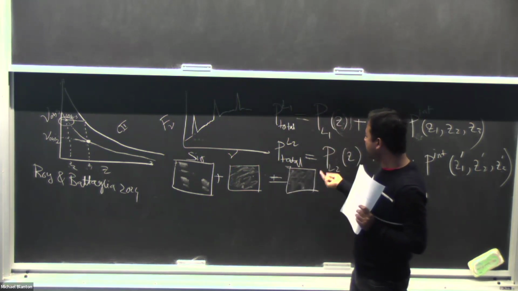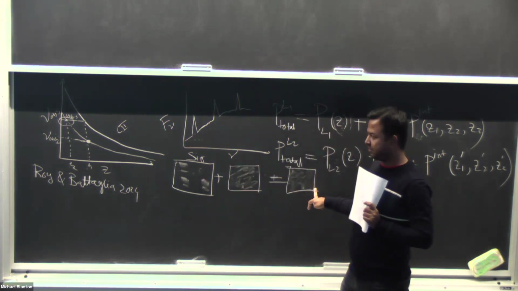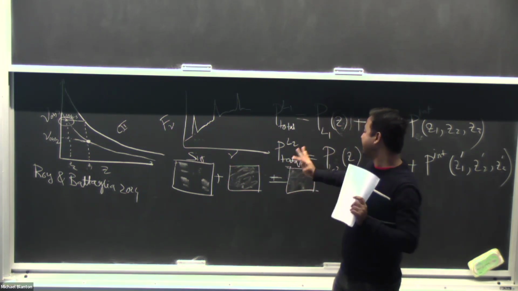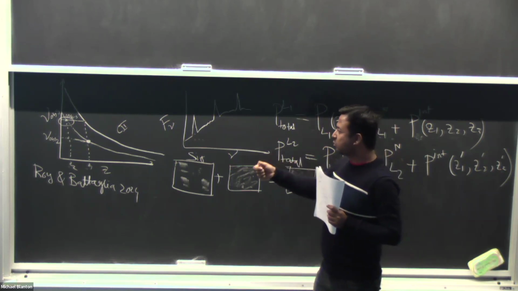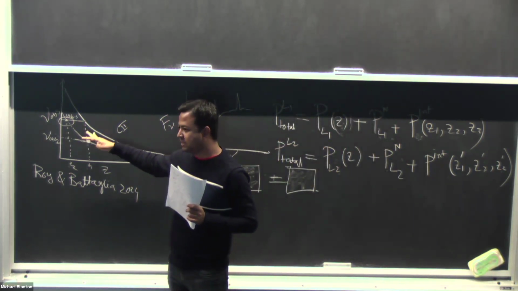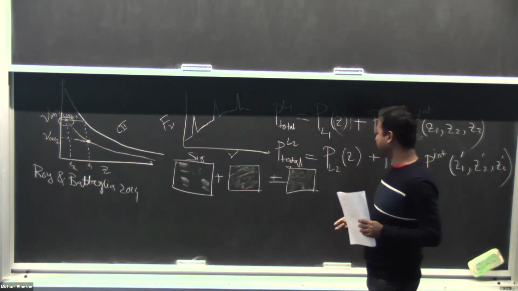And the ultimate goal is to get this map, the signal-only map, from this total map. That is a very tricky thing to do because it might be swamped by the interlopers. But when we want to do the tomography, I want to know how the universe behaved at that particular redshift, not at the total map level.